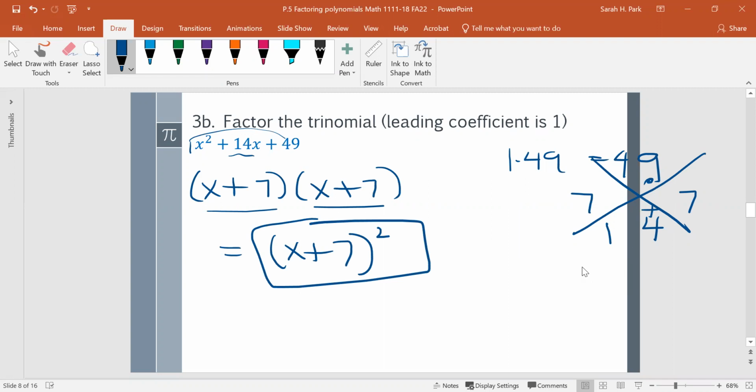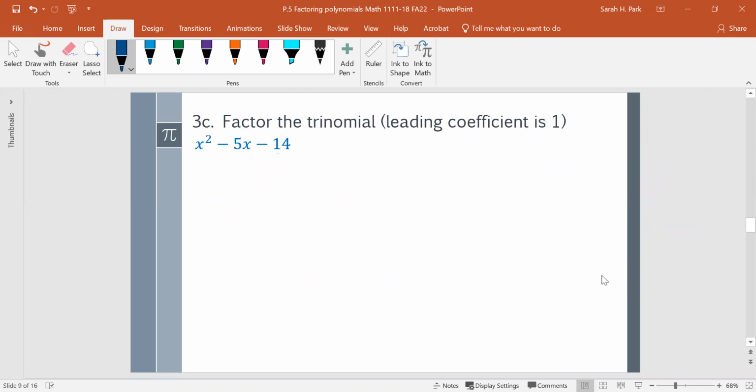Okay, let's take a look at the next one, number 3c. Factoring the trinomial when the leading coefficient is 1. This is a good time to pause the video and see if you can work this one out yourself, and then come back to the solution and compare.